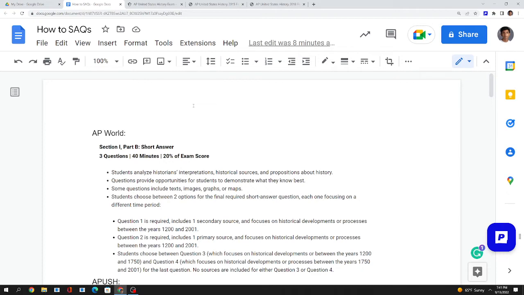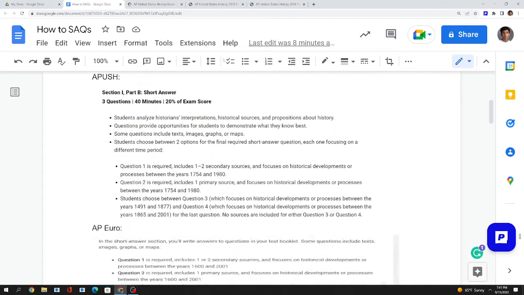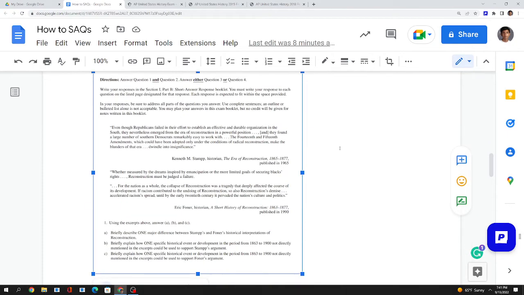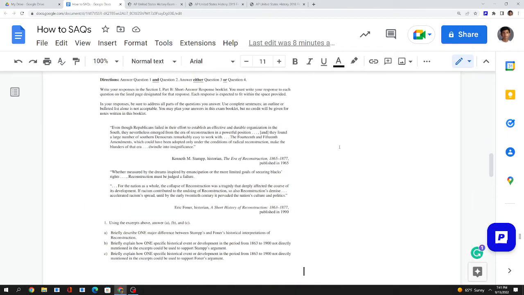Okay. Now, with that being said, and with this introduction through, let us go to what type of questions you're going to be seeing on this AP exam. You're going to be seeing really 4 types of questions. Question type number 1 is where they give you 2 quotes from the same historical event. In this case, this is something from APUSH and it's talking about Reconstruction.